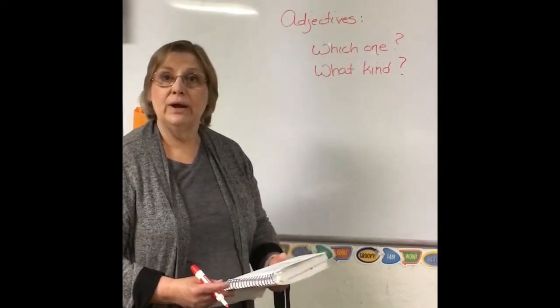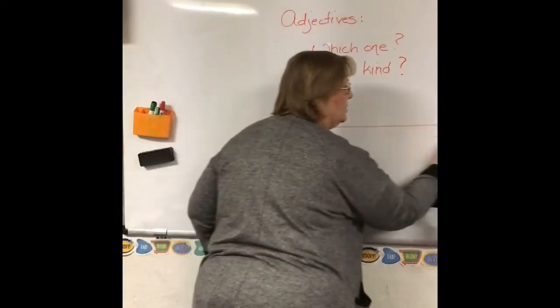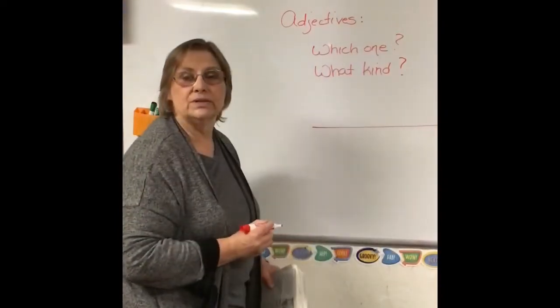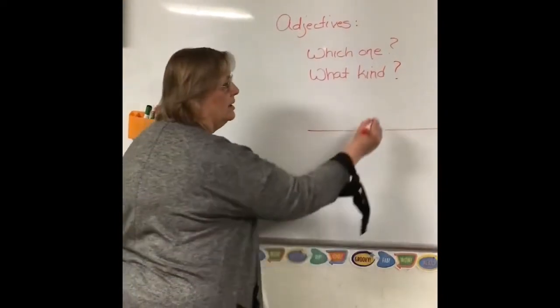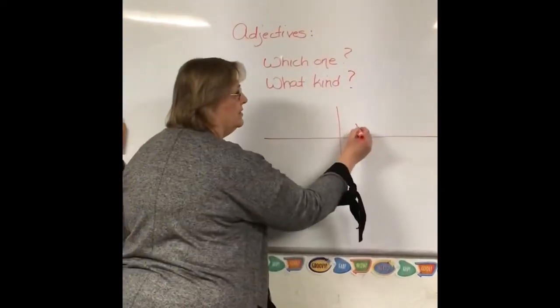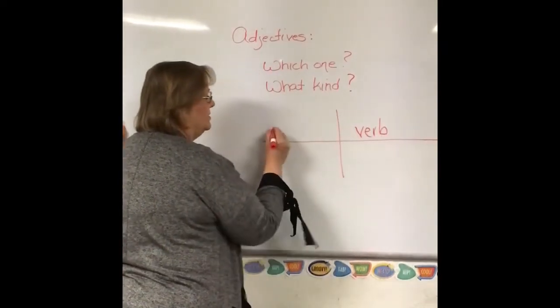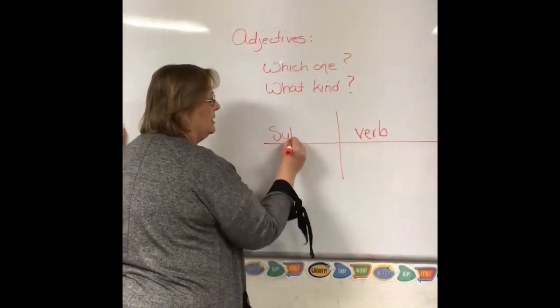When we diagram adjectives, diagramming, again, we start with a horizontal line, a vertical line in between. The verb goes here. The subject here.